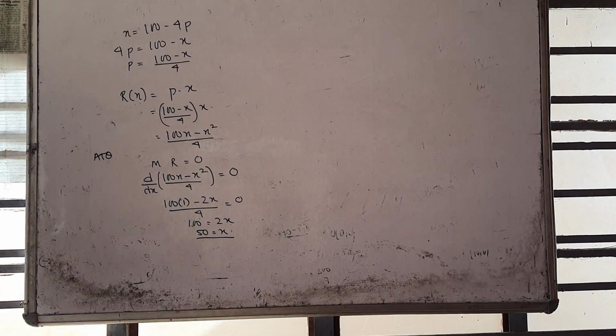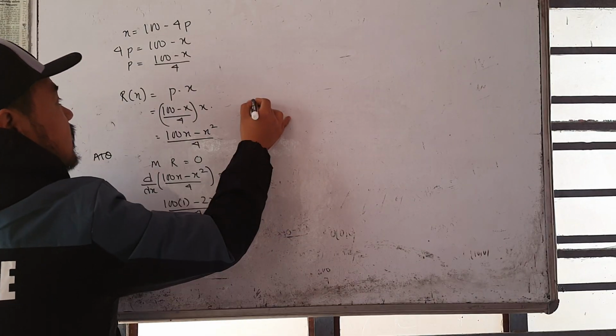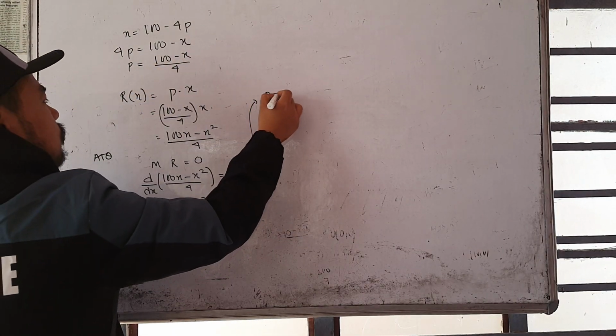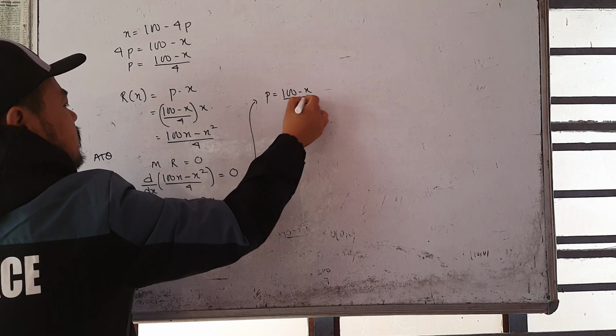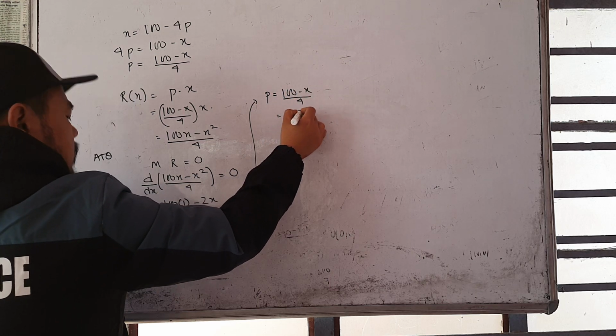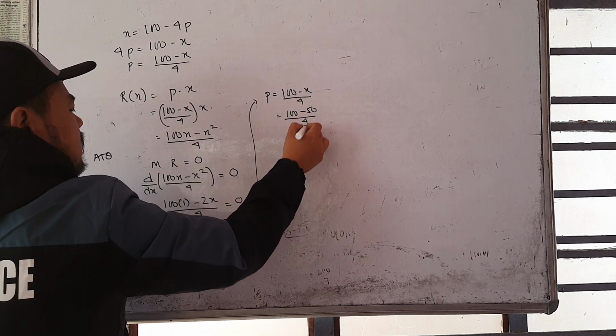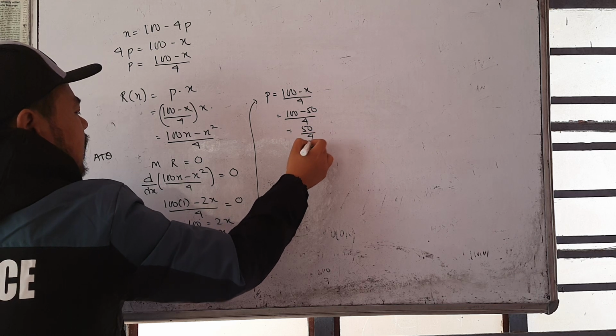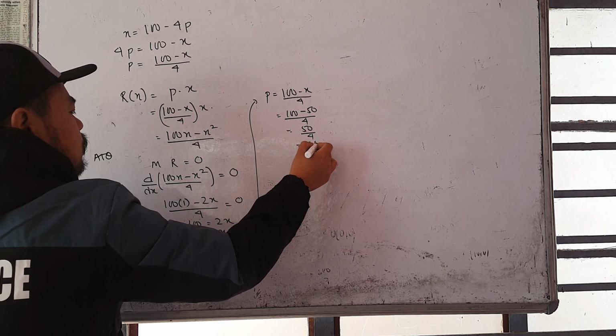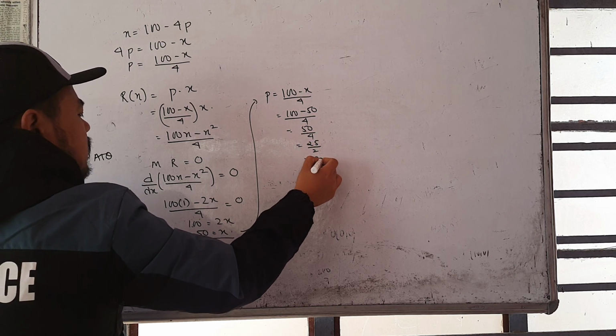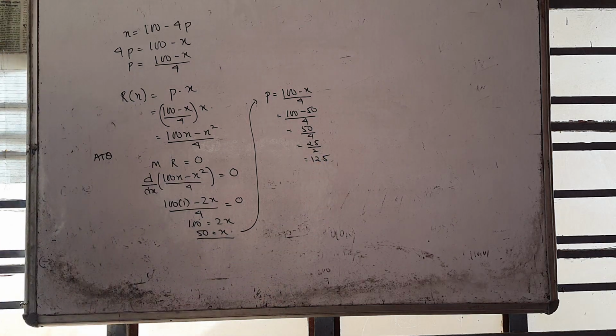So quantity is 50. And what about p, guys? P equal to, what is the price? 100 minus x by 4. 100 minus 50 by 4. What is that equal to? 50 by 4. That is equal to 25 by 2. That is 12.5. Understood, everyone? 1 mark questions.